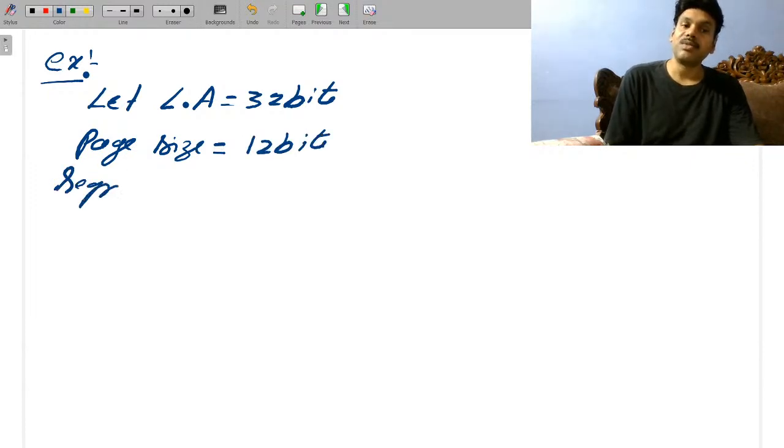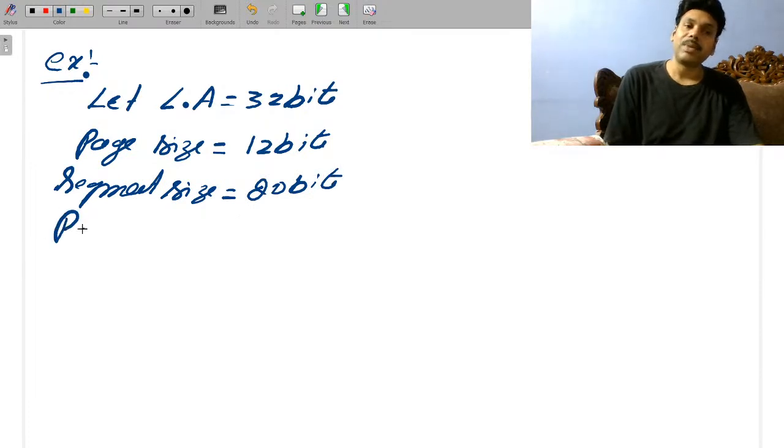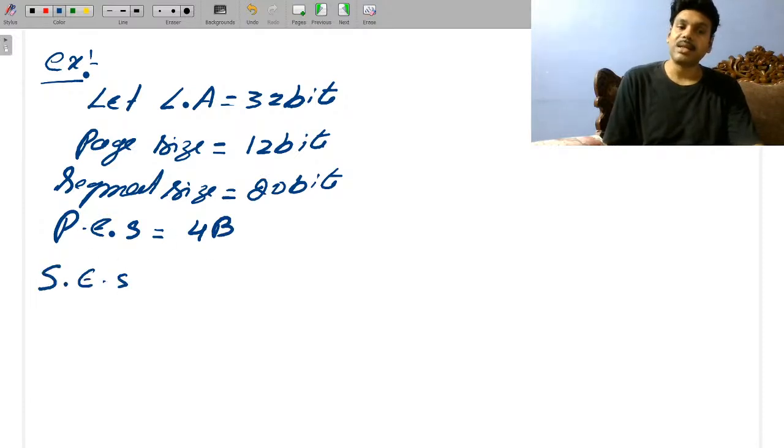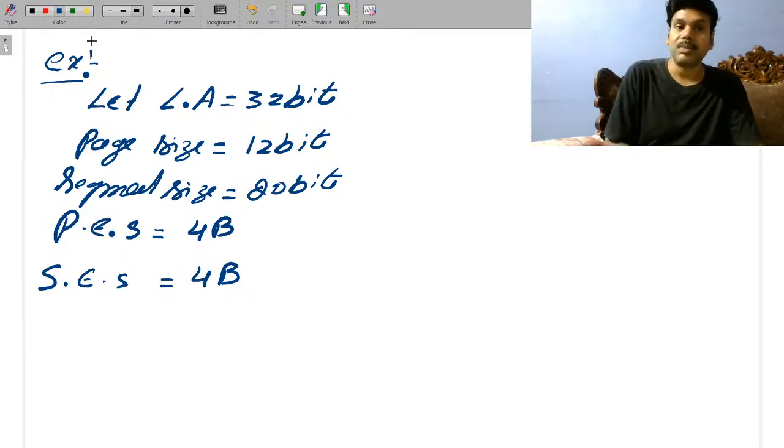I am also giving you segment size, which means I am also using segments together. So segment size is 20 bits, page entry size is 4 bytes, and segment entry size is 4 bytes. Now we want to answer what is your segment table size and page map table size.